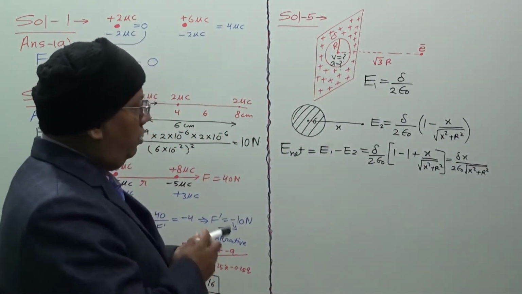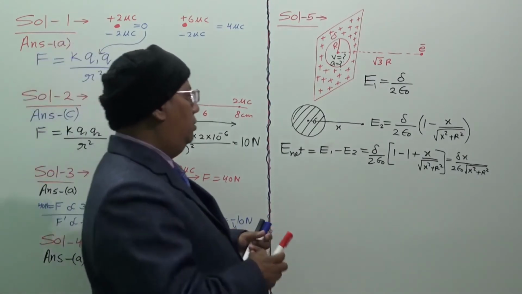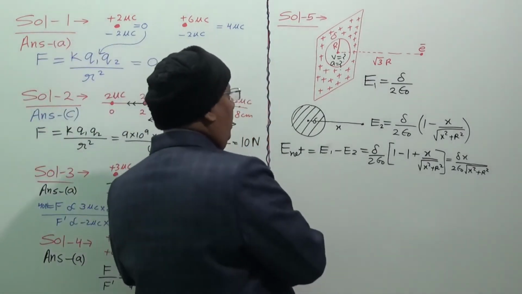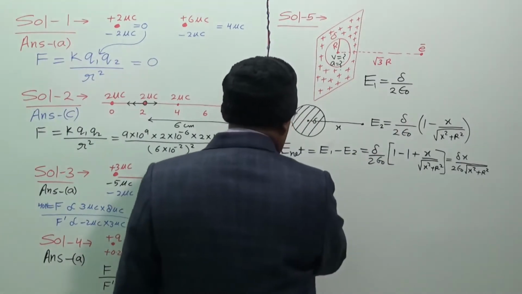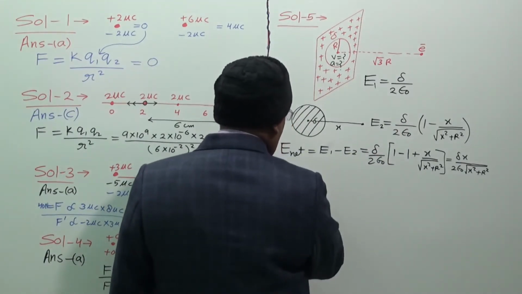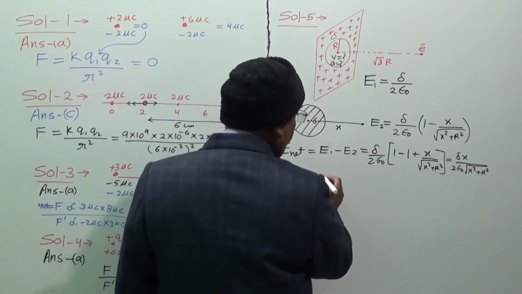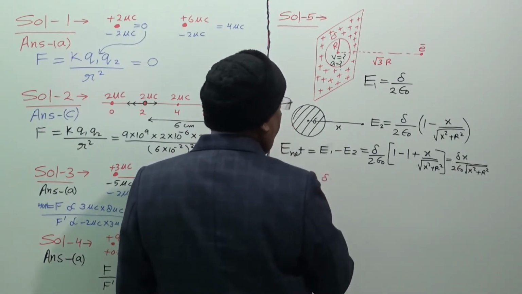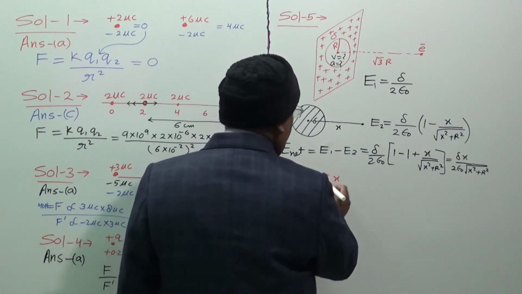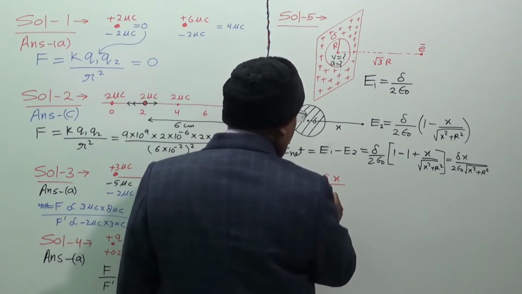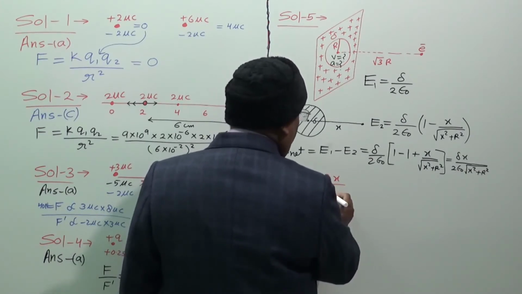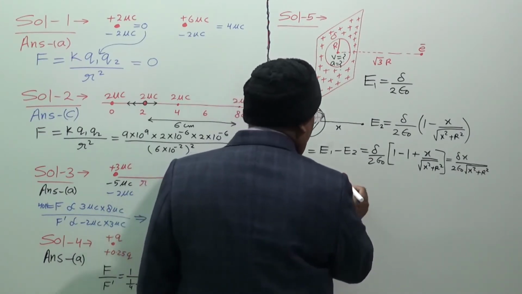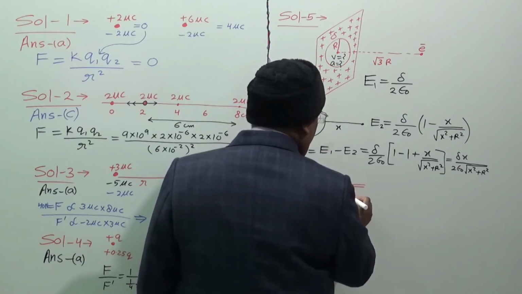So if you put the value x here, you will get E net is equal to small sigma x by 2 epsilon naught under root x square plus r square.